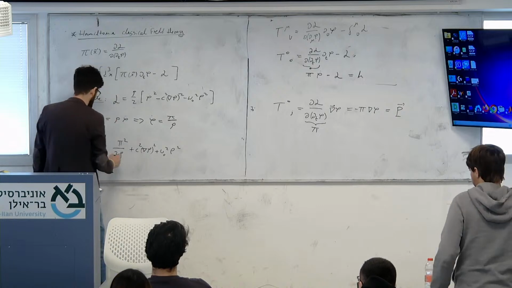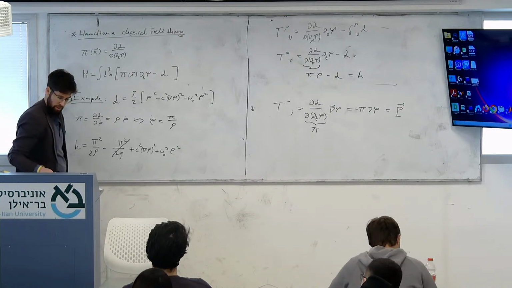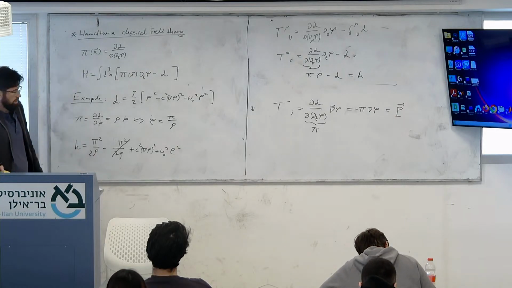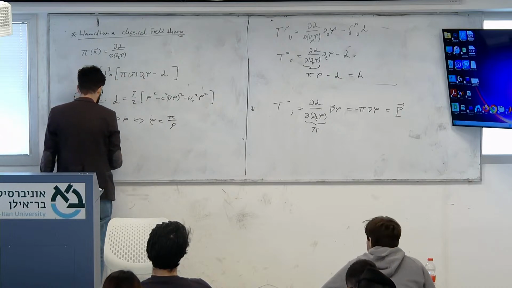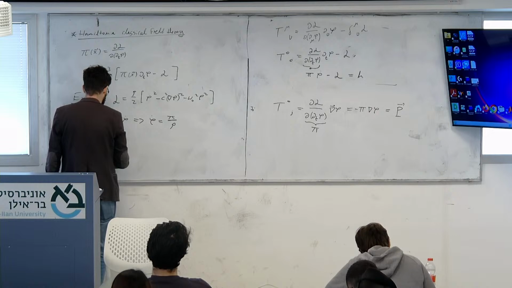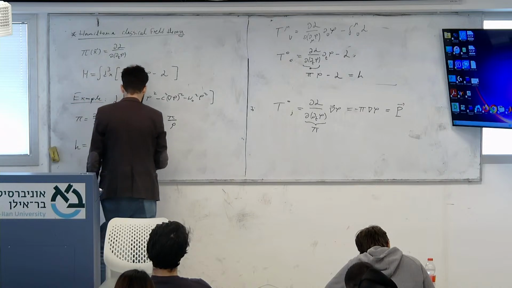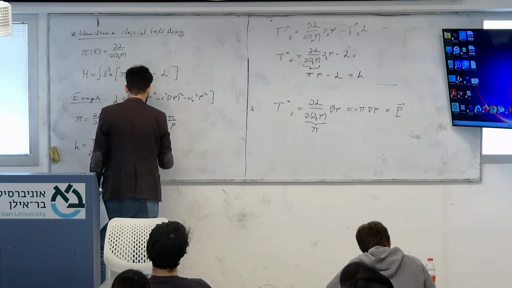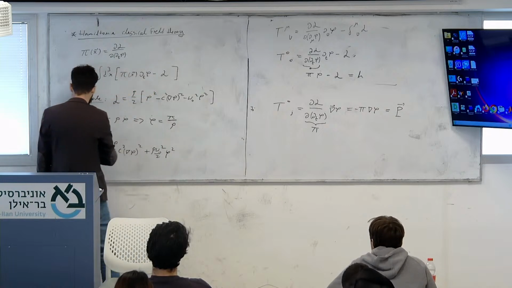Okay, and then this cancels with that and gives me a square. So overall, what I get is just the energy density that we expect, which is plus rho c squared over 2 phi squared plus rho omega naught squared over 2 phi squared.